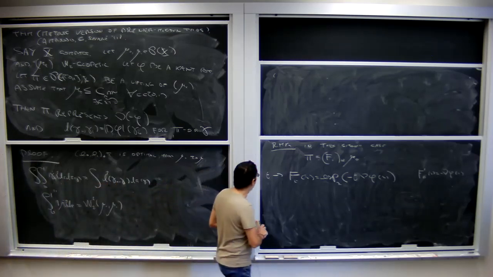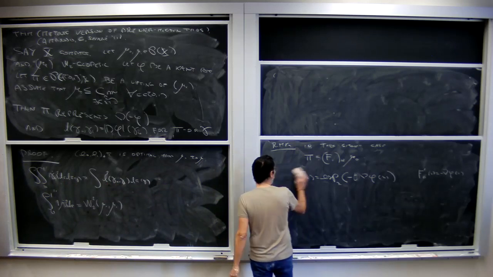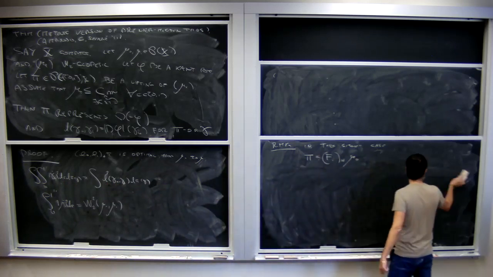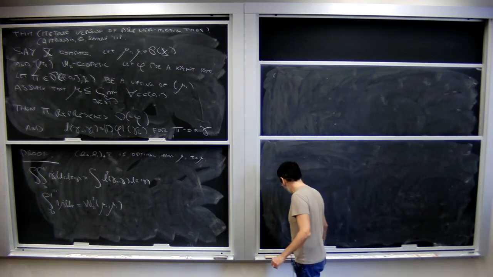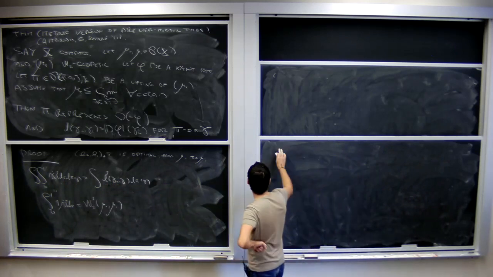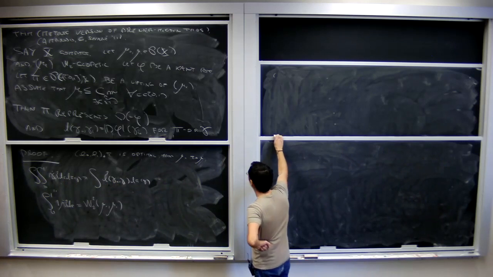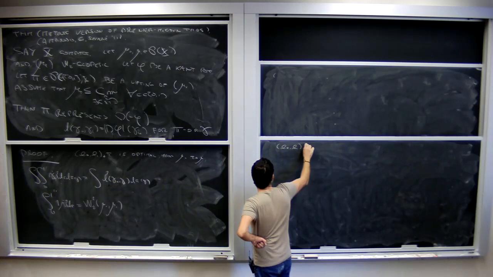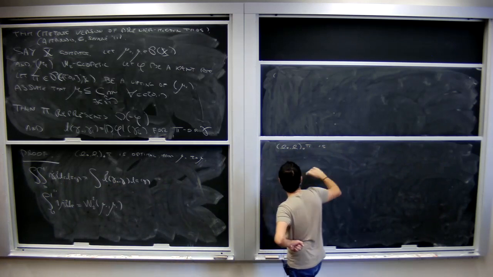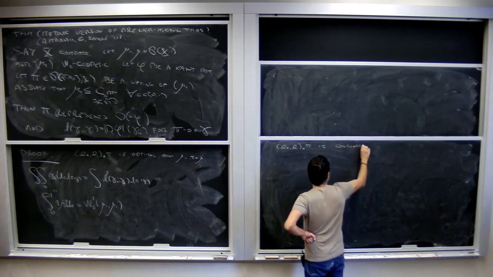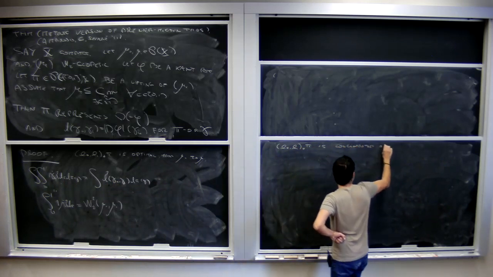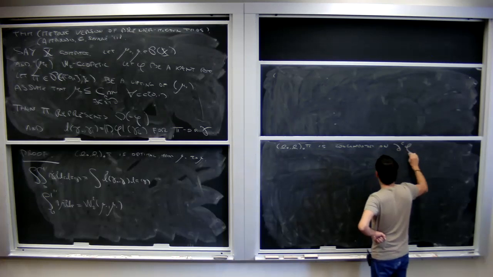Now this is optimal, so pi is optimal and phi is a Kantorovich potential. Therefore, by the fundamental theorem of optimal transport, (e_0, e_1) push forward pi is concentrated on the c-superdifferential of phi.